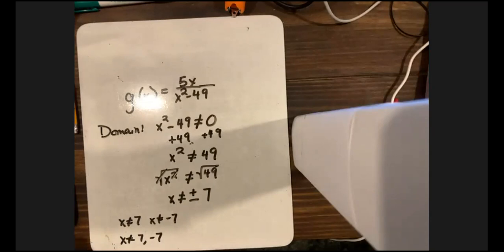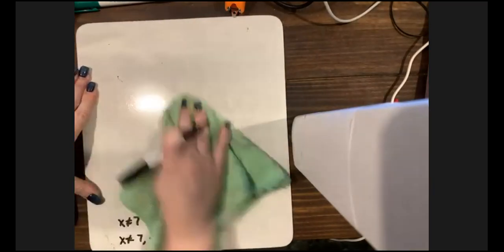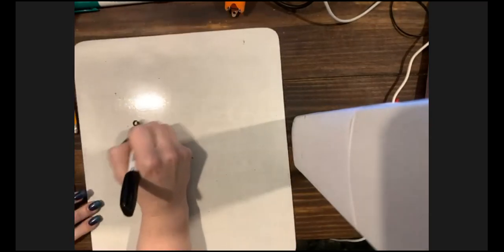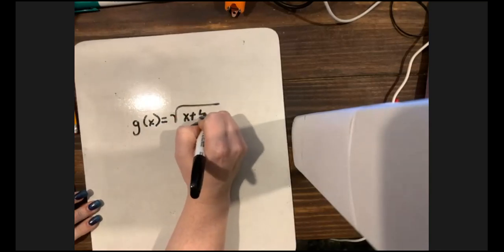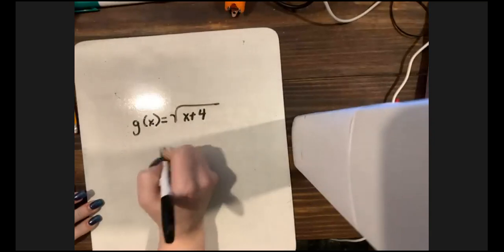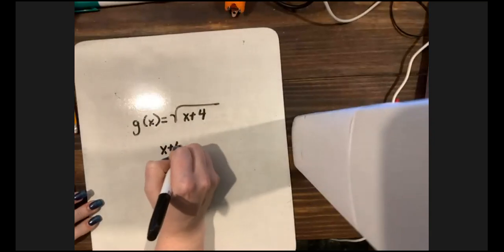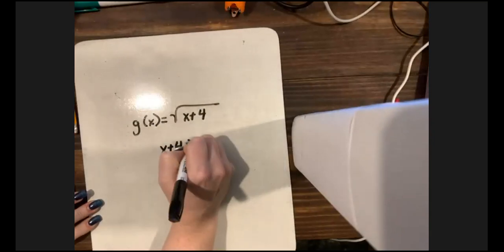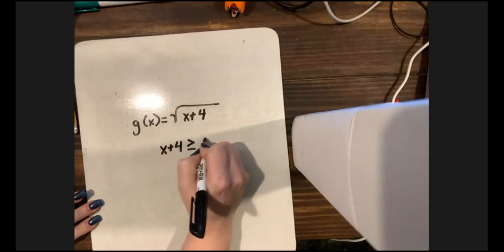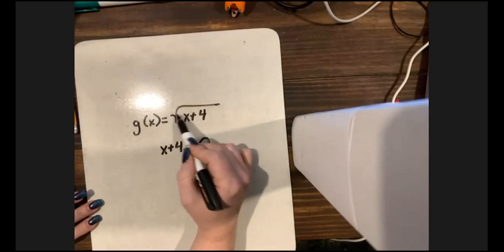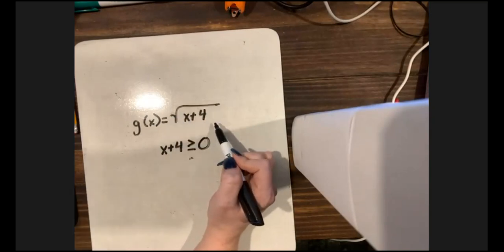So now, if we were doing something where we had, say, a square root, okay? So if I had something like this, for this one, we would want to say that our x plus 4 needs to stay bigger than or equal to 0, because we can take the square root of 0.